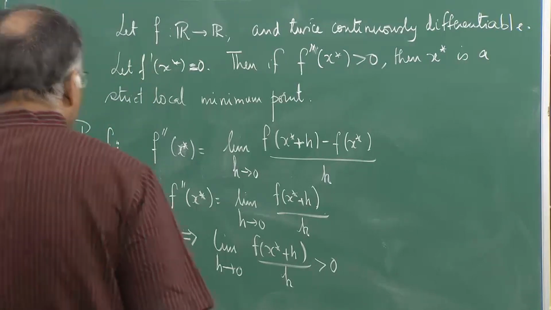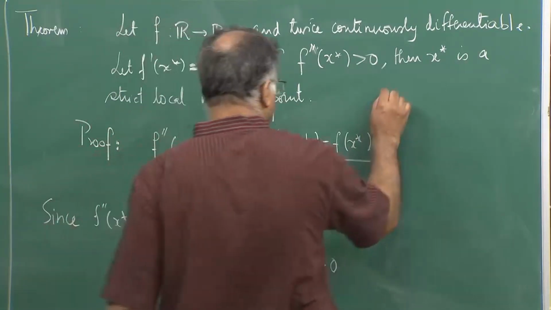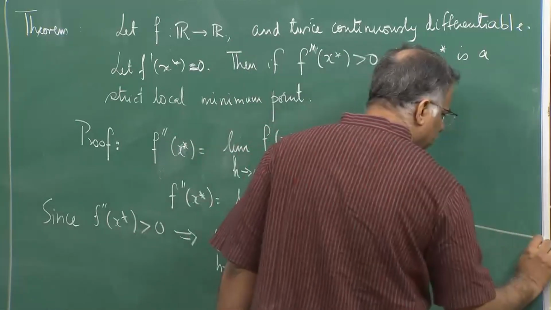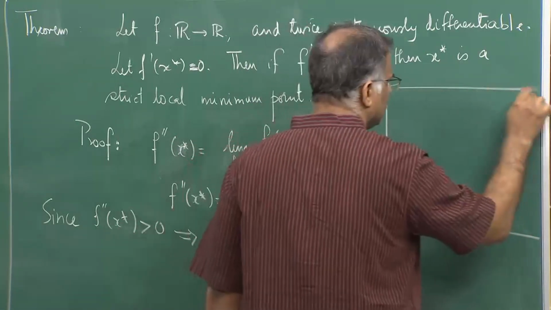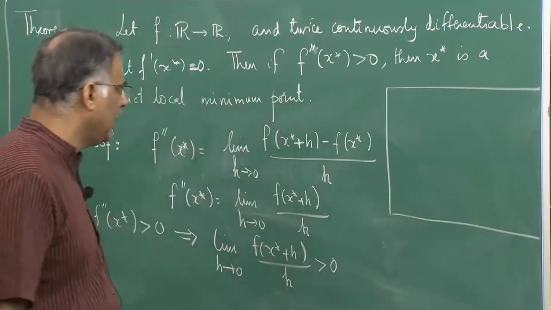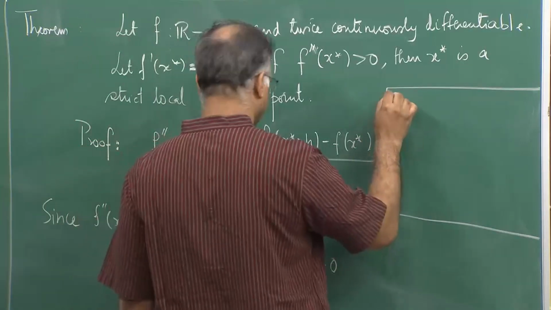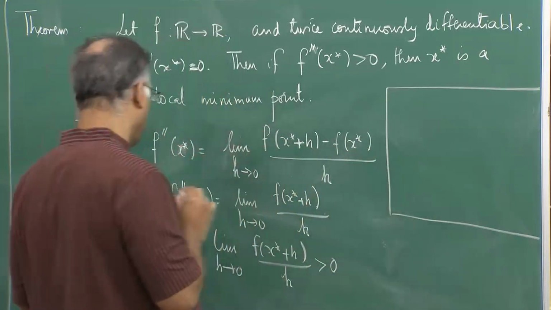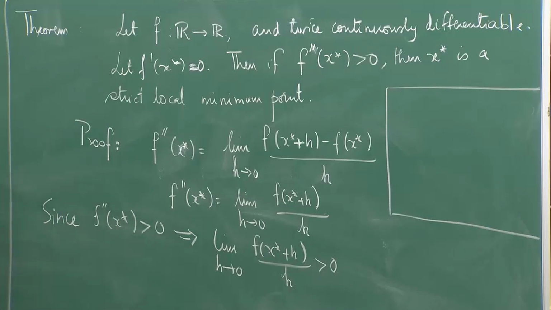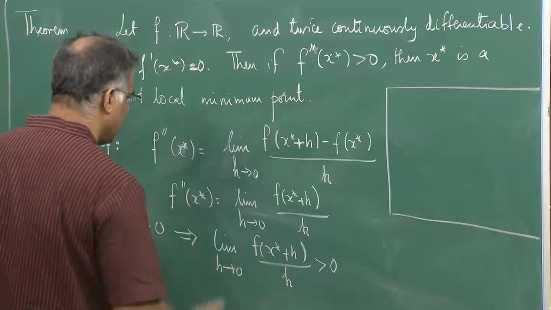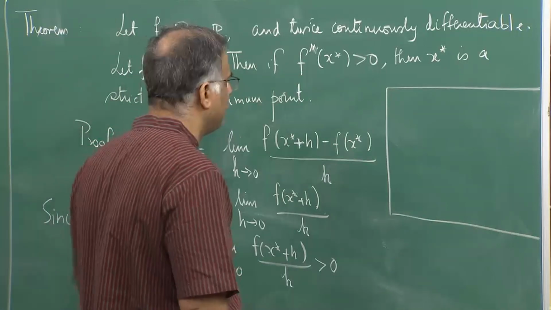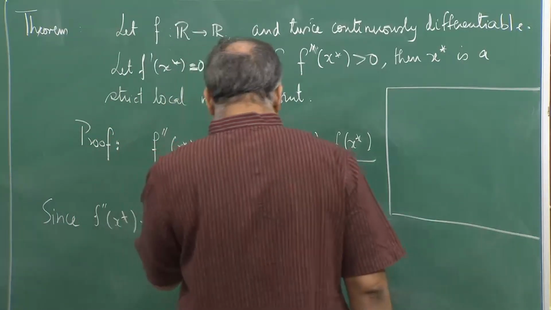So, now here is some reasoning that you should be very careful about. Now what is that limit? That limit is f double dash x star, and f double dash x star is positive. So, what does it mean?